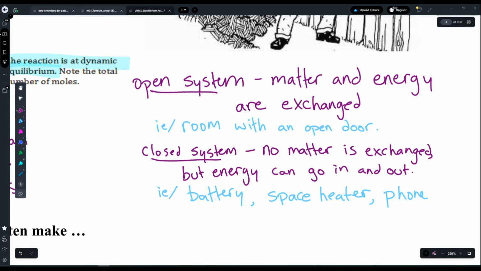Now, the last system is an isolated system. This is a system where no matter is going to be exchanged and no energy can be exchanged with the surroundings.